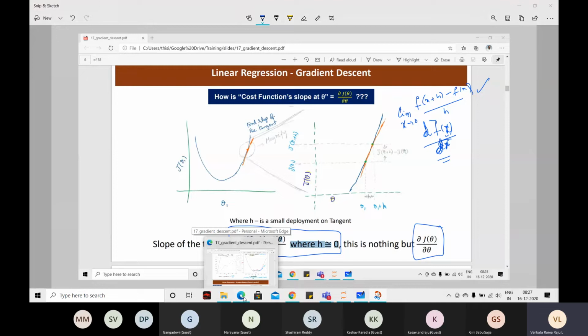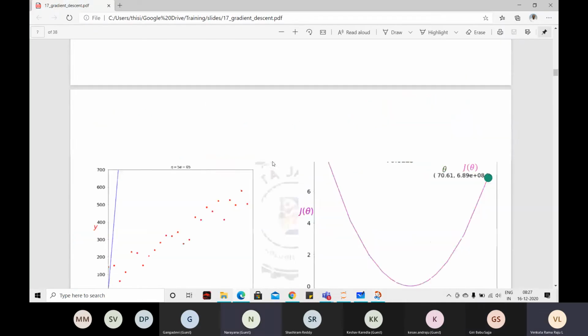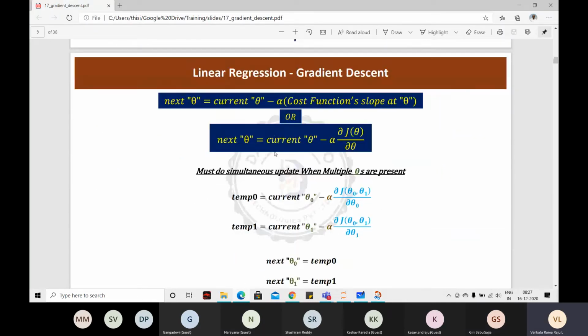Understood? Yes, sir. Right. I explained this thing. Theta is equal to current theta minus alpha into the derivative. I said the cost function slope at theta and the derivative are one and the same.